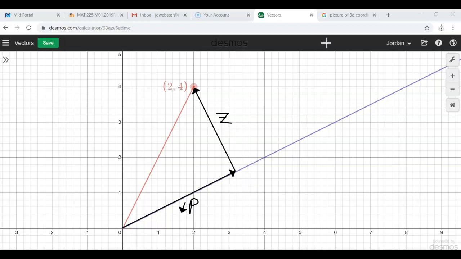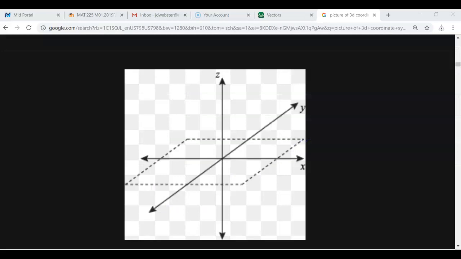In R3, it's going to be a little bit harder to see. So let me pull that up. All right, so what we've done here is I looked up online. You can just Google search for a picture of a 3D coordinate system. Now, in this case, my W might be, for instance, if it were two-dimensional, the span of two vectors would give a plane.